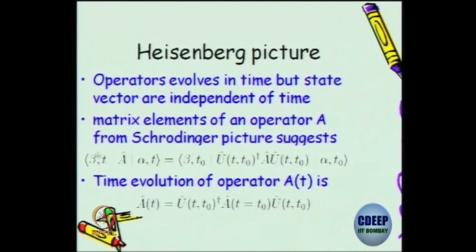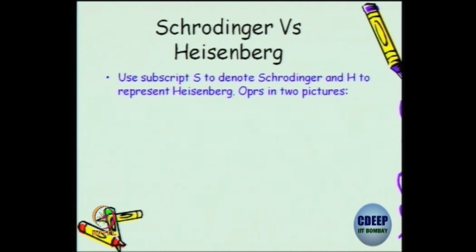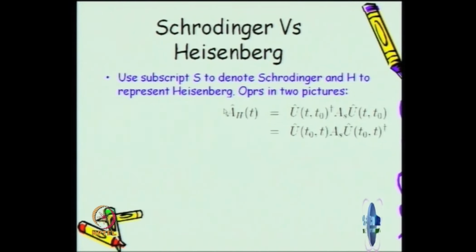And this is done in such a way that the matrix element evaluated in the Schrodinger picture is going to be the same as the matrix element evaluated in the Heisenberg picture. Yeah, so this is just to summarize here. Use subscript S to denote Schrodinger, H to denote Heisenberg. So the operator in the Schrodinger picture is A subscript S, and you can write the Heisenberg operator, which is time dependent, as the unitary evolution.